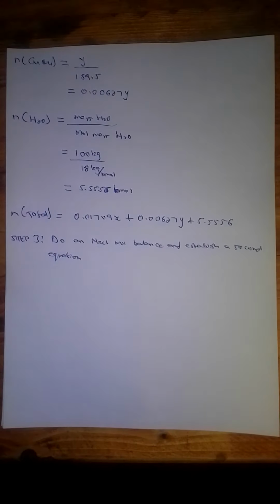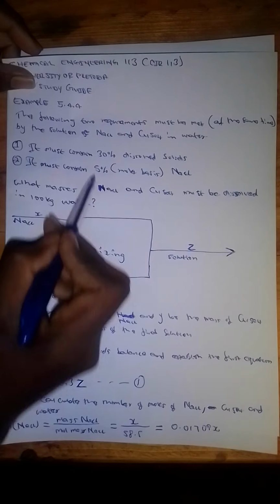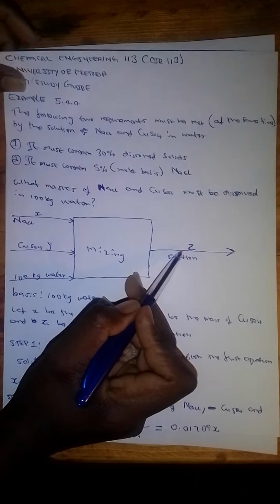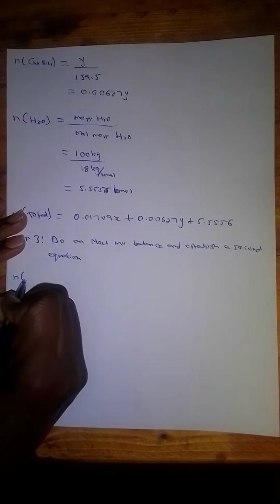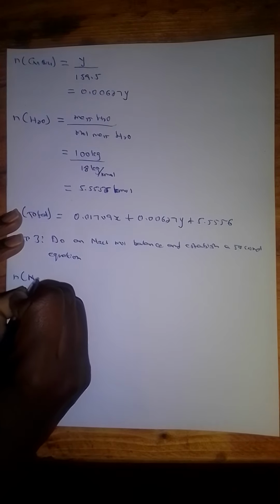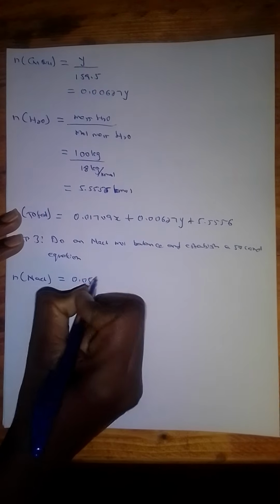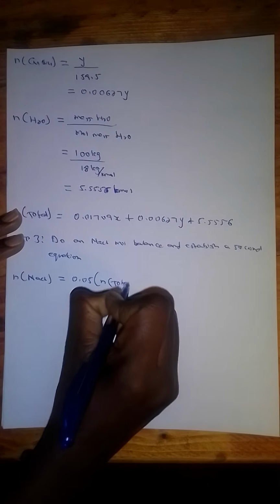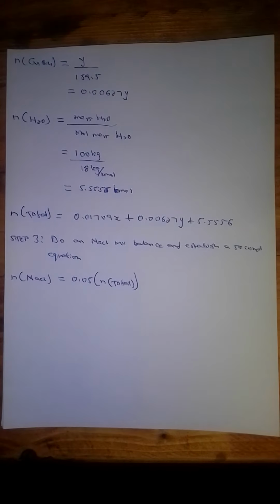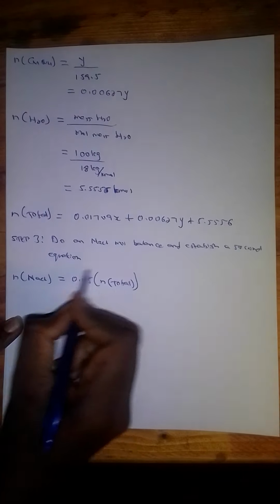So let me bring back the diagram again. We know that this solution contains 5% of NaCl on a mole basis. So we can easily say the number of moles of NaCl equals 0.05 times the total number of moles. I hope it makes sense. The number of moles of NaCl is 5% of the total number of moles.